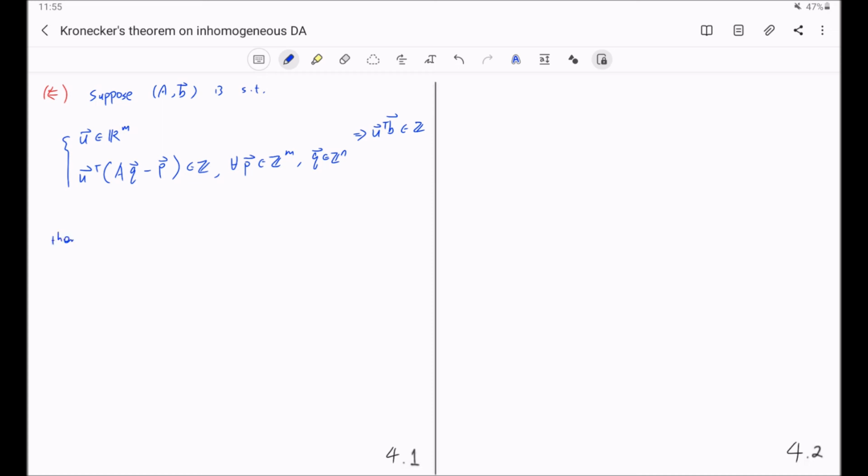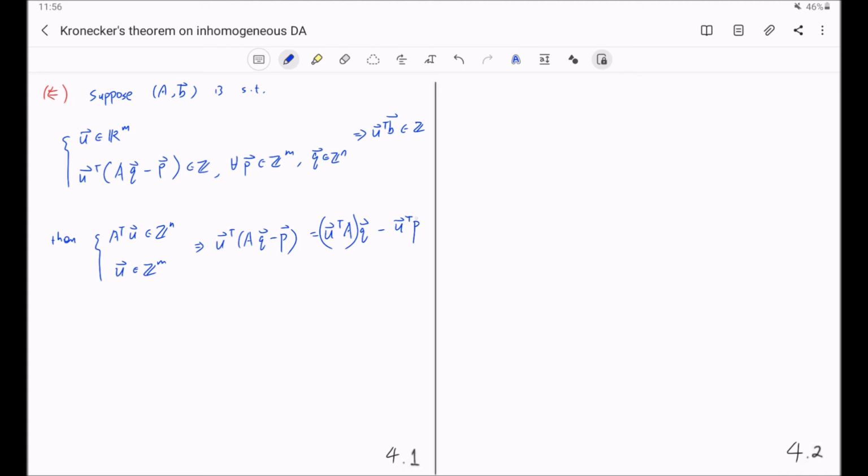So then, if we assume that A transpose u is in Zn and u is in Zm, we have u transpose (Aq minus p), which is u transpose A times q minus u transpose p.